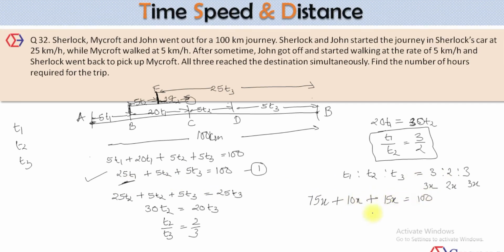This must be equal to 100. So overall I'll get 100x is equal to 100. That means x is equal to 1. If x is equal to 1, I can say T1 is 3, T2 is 2 and T3 is 3. So the total time taken will become 3 plus 2 plus 3. How many? 8 hours. They'll finish the journey in how much time? 8 hours. Fine. Okay, let's look at the next one.